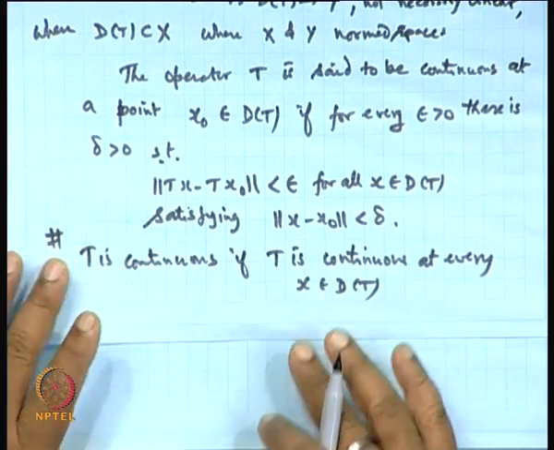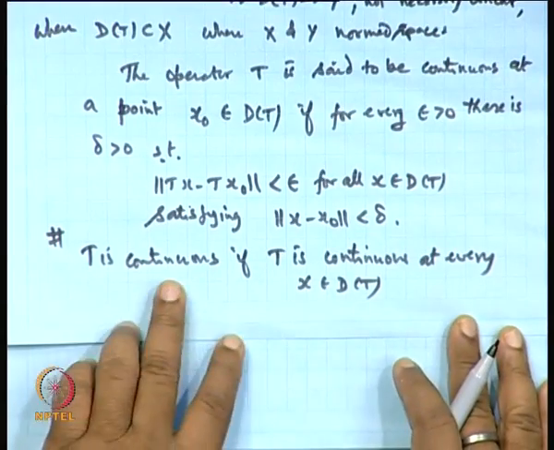The very interesting result we can now say is that in case of a linear operator, continuity and boundedness come out to be the same. Because in general, if a function is continuous over a closed interval, it will be a bounded function.